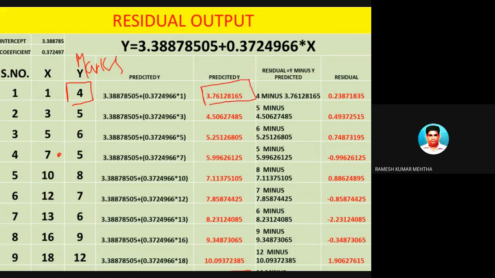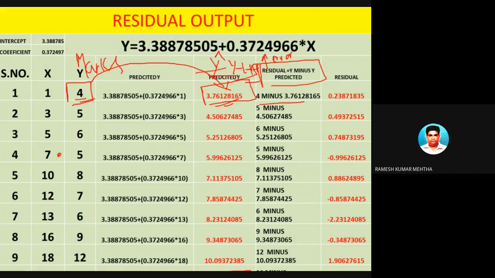So the difference is the error. The error is given by the formula: residual, or we use the word residual or error, is equal to y minus y predict. Y predict is also called y hat. Please remember this. In most of the books, many authors use y hat as a symbol like this.